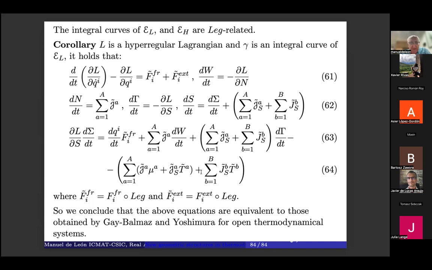Our paper was published in March, I think, paper with Jaime, and we sent the paper I think just at the end of December to Journal of Physics A. One can use these structures to apply to, for instance, in our case, thermodynamics, or to study these structures for pure geometric interest.